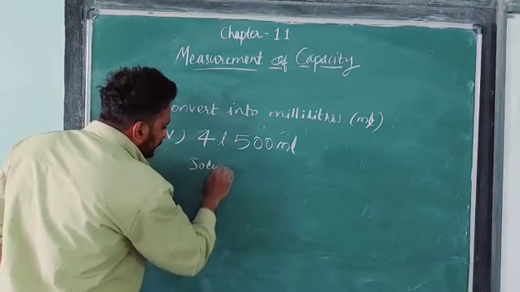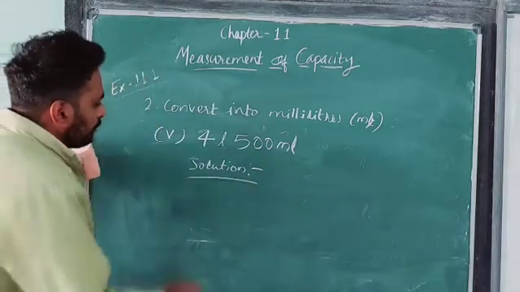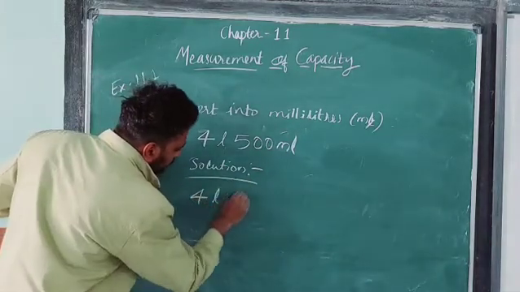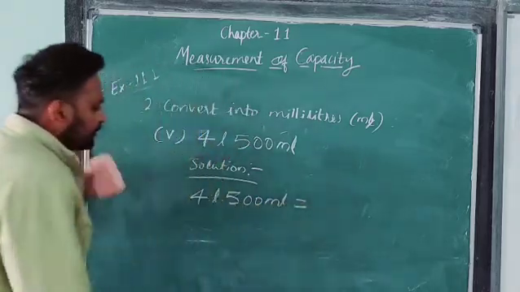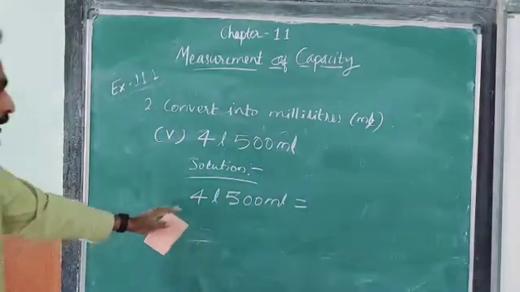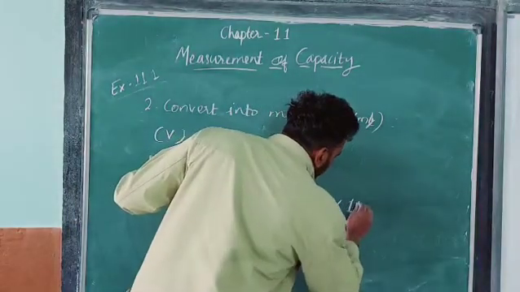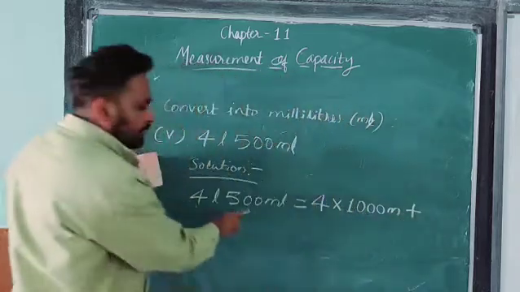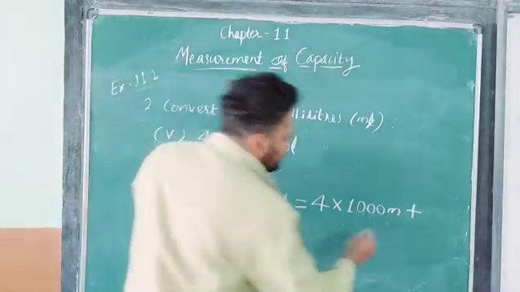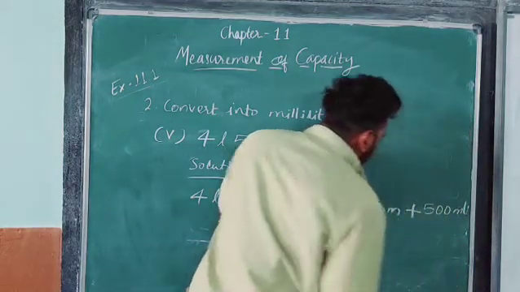For this solution, 4 liter 500 ml is equal to 4 liter. As you all know, 4 liter is equal to 4 into 1000 ml plus 500 ml. ml stands for milliliter.